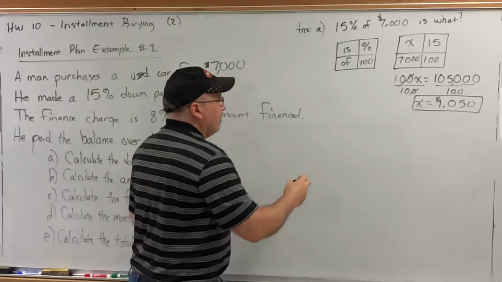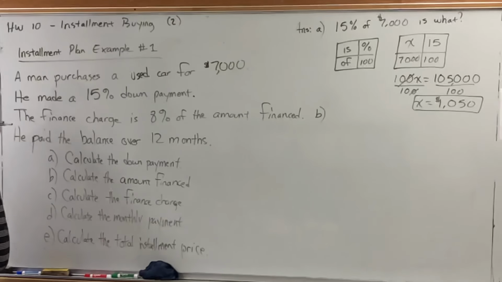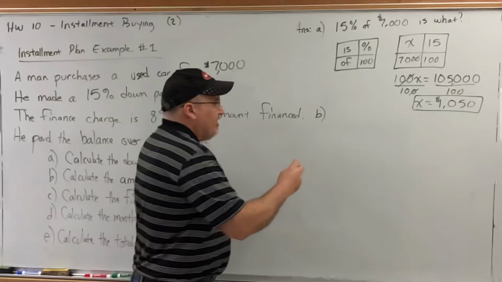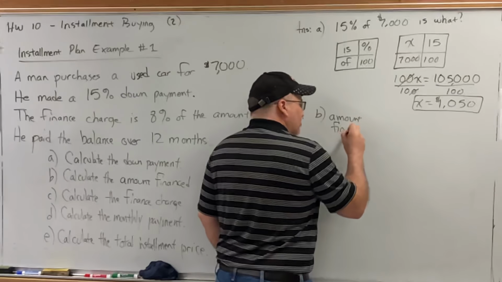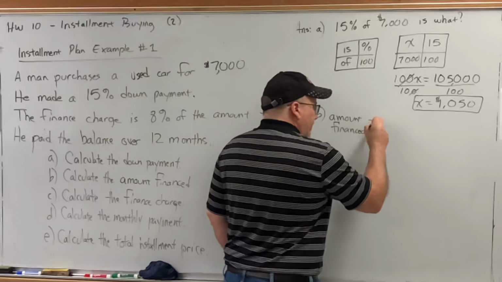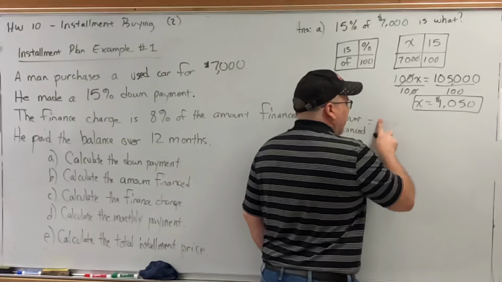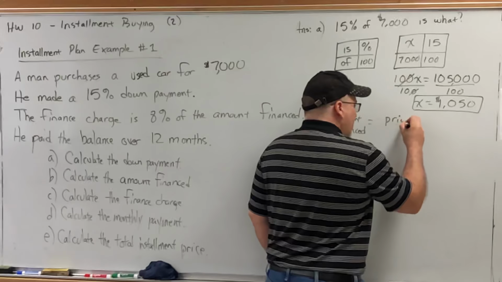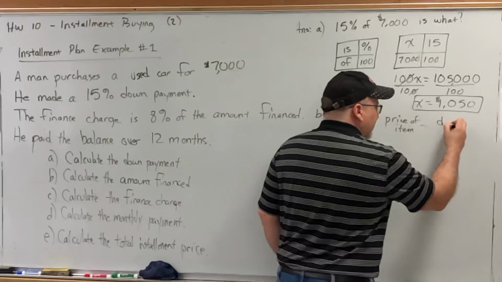Okay. Part B. Calculate the amount financed. Remember that the amount financed is the price of the item, how much the thing cost, minus the down payment.